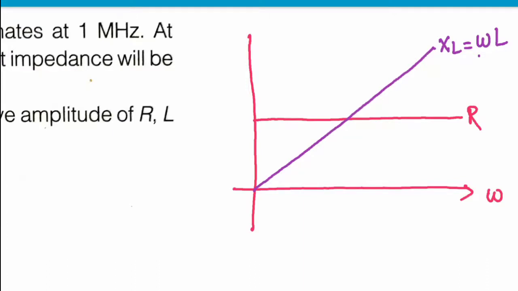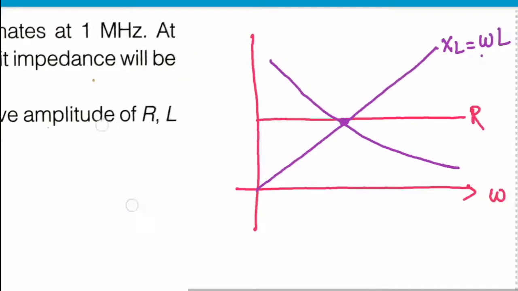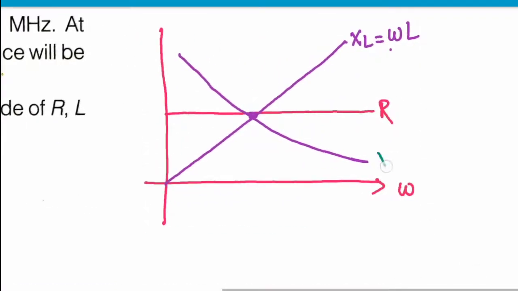Capacitive reactance is 1 by omega C. That means this is inversely proportional. So here this is XC equal to 1 by omega C.